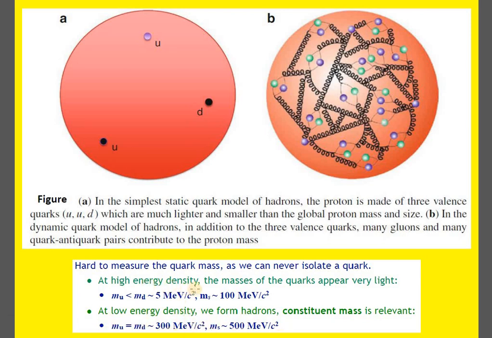However, at very high energy, the masses of quarks appear very light, you see. So if the proton is made up of just UUD and its mass is just 5 MeV per c squared, then where does the mass of the proton come from, right? And I will talk about it in the next set of lectures. But this difference should be kept in mind.